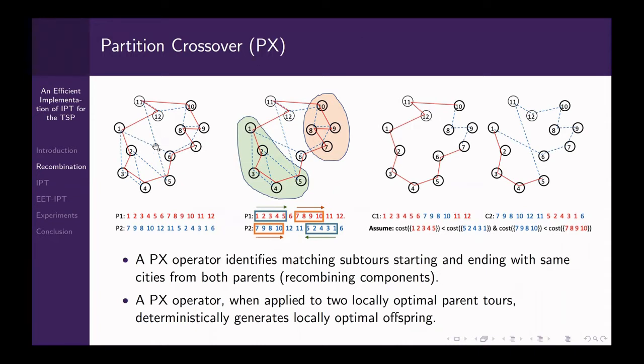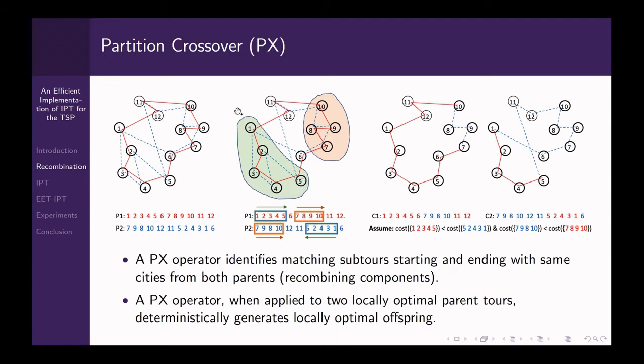Here, the approach is that given two parent tours, first we remove all the common edges from both the parents, and then we try to find some disjoint partitions such that in each partition both the tours enter and exit from the same cities, but within the partition, although the set of cities is the same, the two parents follow different paths while entering and exiting from the same city.